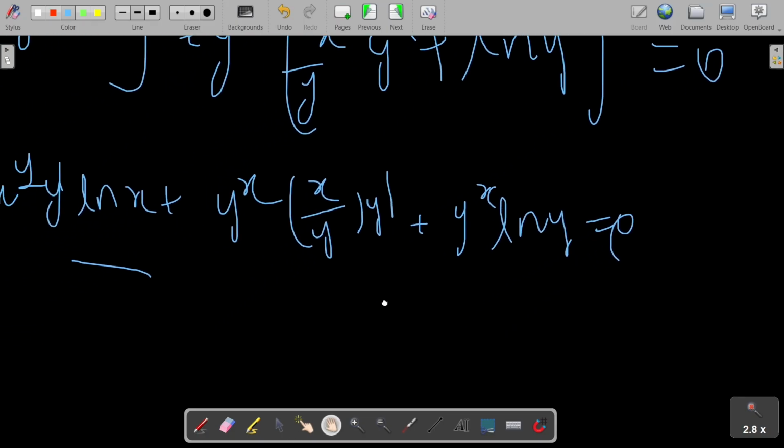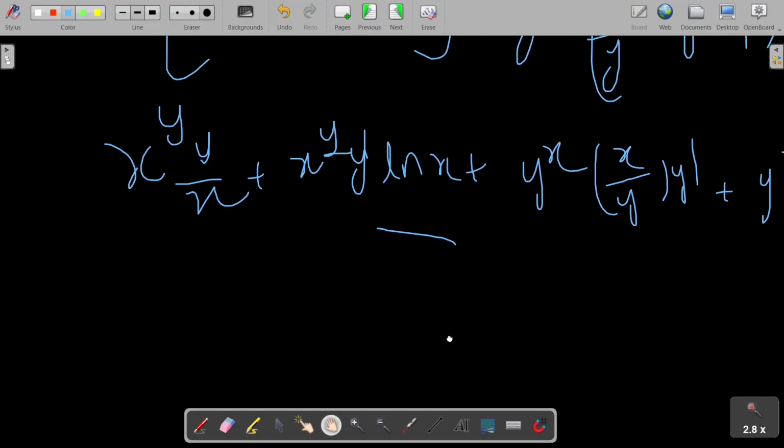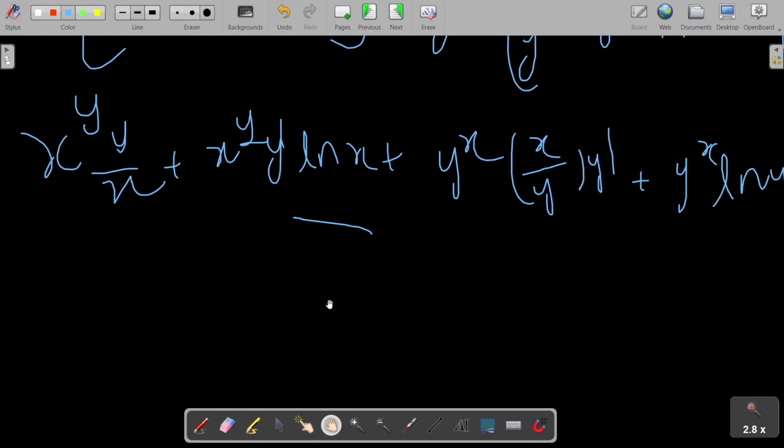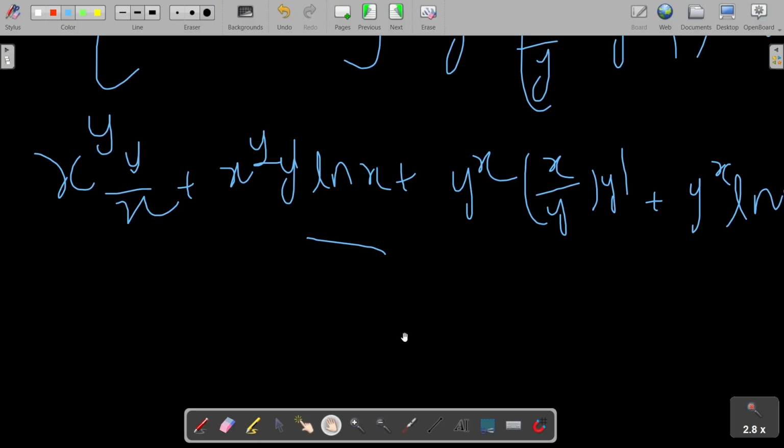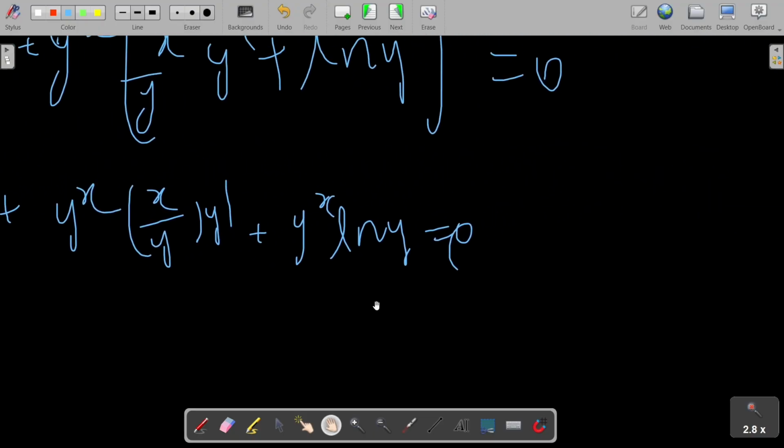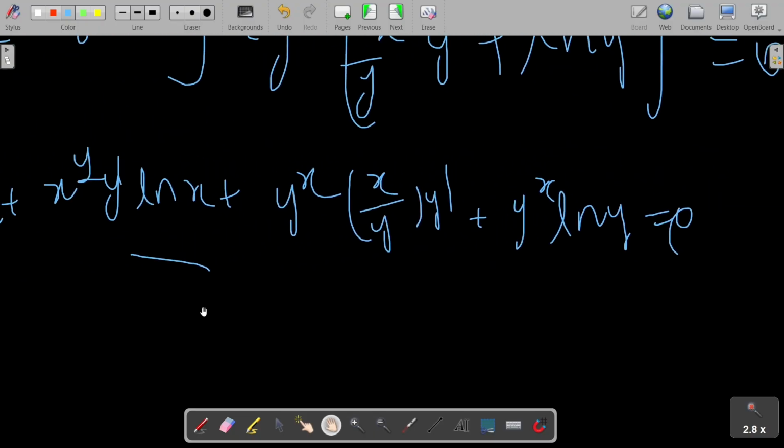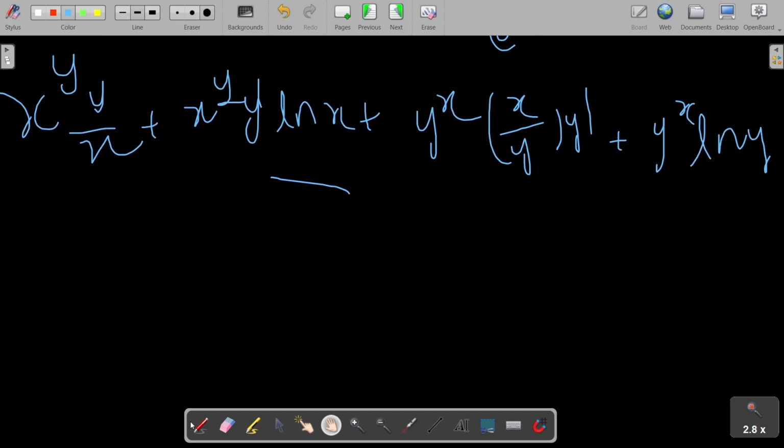To isolate only the y prime terms, let's send the other terms to the right side, so they become negative.